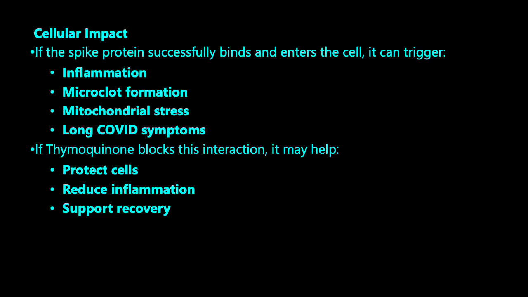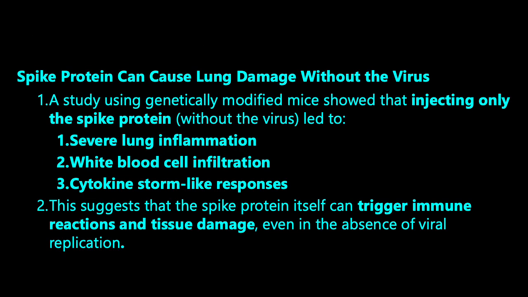It puts stress on the mitochondrial system, giving you less energy. That's why you have fatigue all the time. You cannot have an active life. And also some of the long COVID symptoms. If thymoquinone blocks this interaction, it will help to protect the cells, to reduce inflammation, and to support recovery. Okay, this is extremely important.